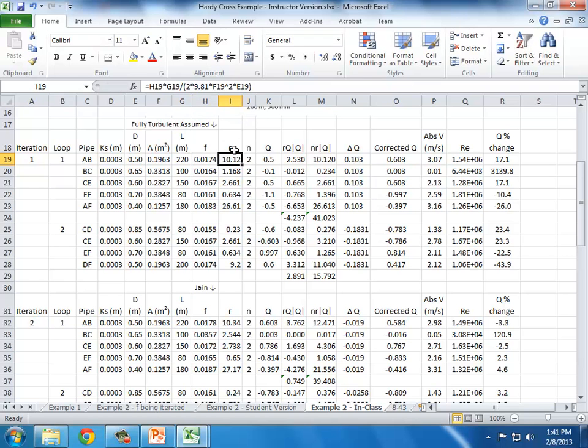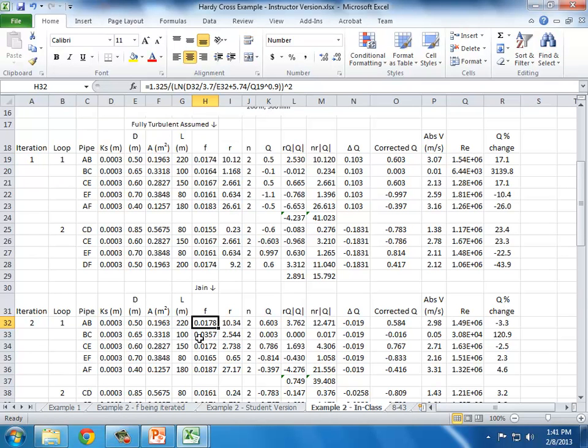Okay, then from that calculating an R value, and my initial guess of the flow rates, and then I start that flow balancing, R times Q times absolute value of Q, N times R times absolute value of Q, finding the delta Q, a correction, and then once I know a corrected flow rate, calculating a velocity, because we're going to use the velocity and Reynolds number next time when we calculate the Swamee-Jain equation.